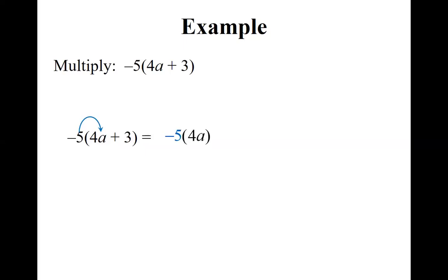That's negative 20a. Negative 5 times positive 3. That's negative 15, or plus negative 15. Negative 20a minus 15 is how we simplify that.